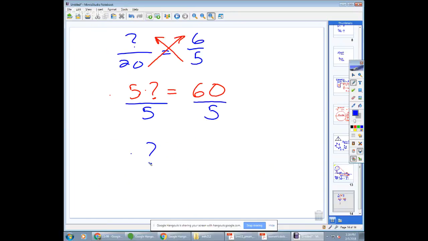And so question mark has to be whatever 60 divided by 5 is. Oh wait, I can't multiply. It's 6 times 20. 120. And then we'll find 5 goes into 120 24 times.